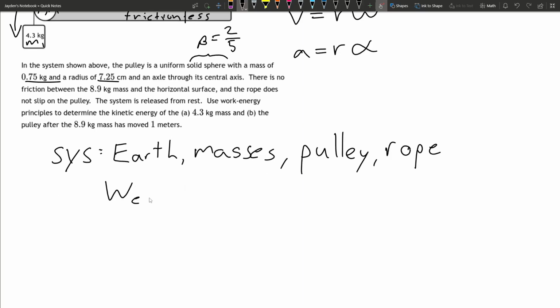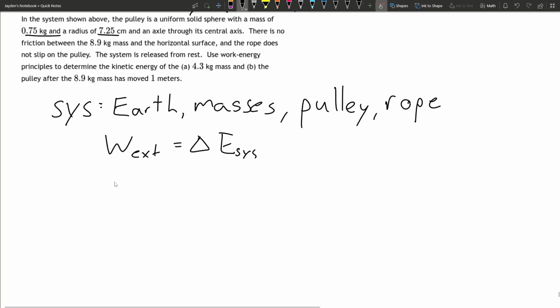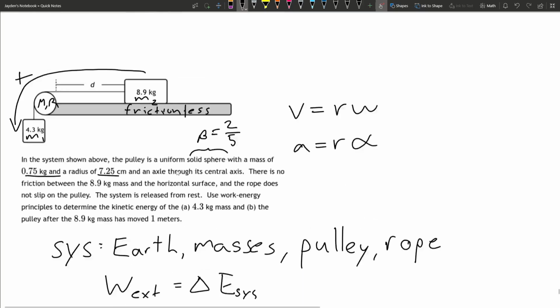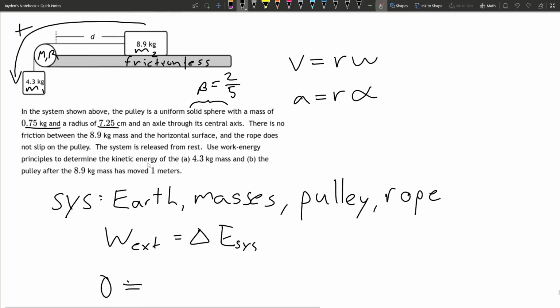As you know, the big formula is that external work is equal to the change in energy of the system. So work external is equal to 0. What's going to happen when this thing starts moving? The pulley's going to start rotating, and the blocks are going to translate.